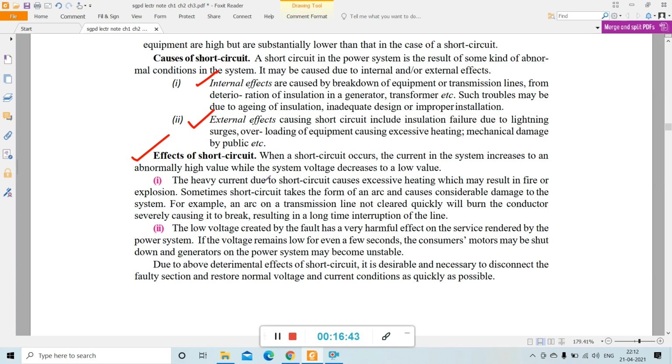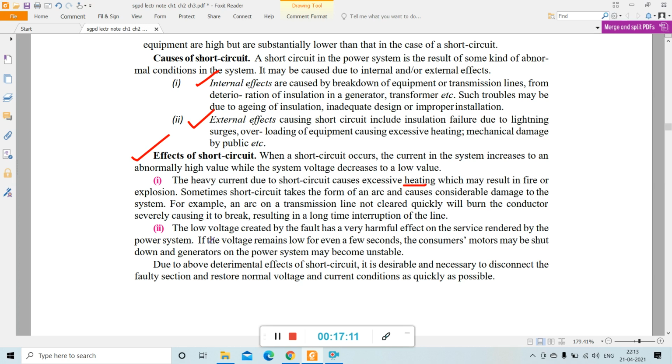The heavy current due to short circuit causes excessive heating, which may result in fire or explosion. Sometimes a short circuit takes the form of an arc and causes considerable damage to the system. For example, an arc on a transmission line, if not cleared quickly, will burn the conductor severely, causing it to break, resulting in a long interruption of the line.